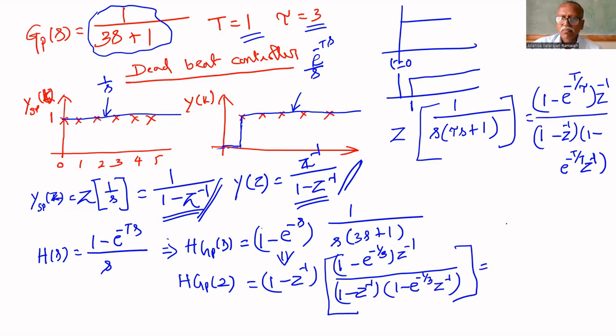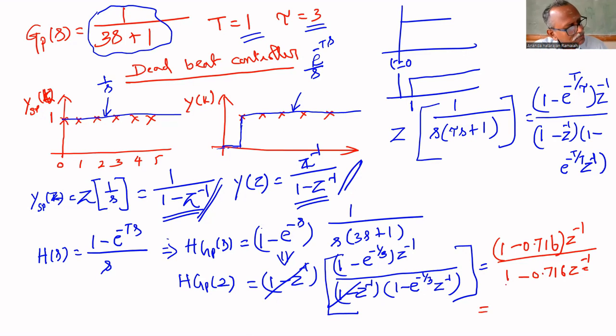That is equal to 1 minus 0.716, since e power minus 1 by 3 is 0.716, multiplied by z power minus 1 upon 1 minus 0.716 z power minus 1. That is equal to 0.283 z power minus 1 upon 1 minus 0.716 z power minus 1. This is HGP of z.